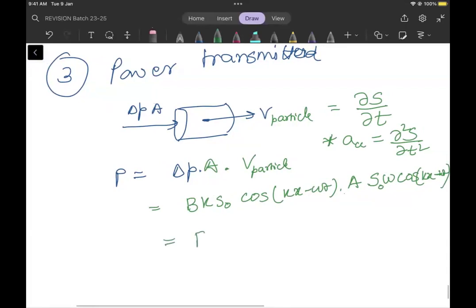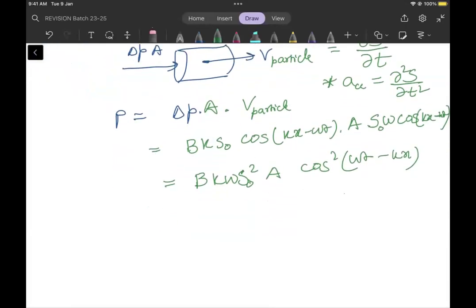So this will be equal to b k omega s naught square A cos square(omega t minus kx). I will generally not be interested in the instantaneous power. It will be only about the average power bk omega s naught square.